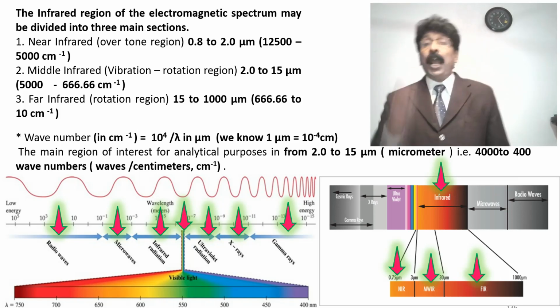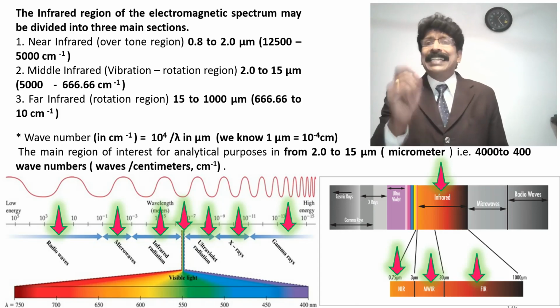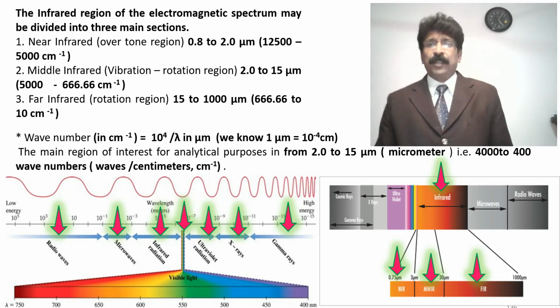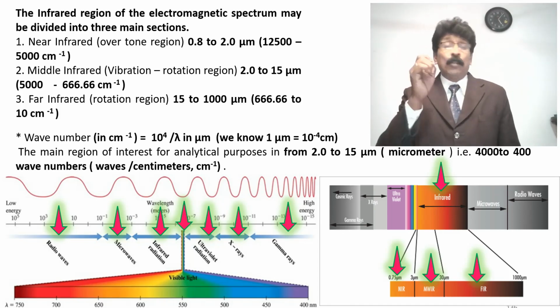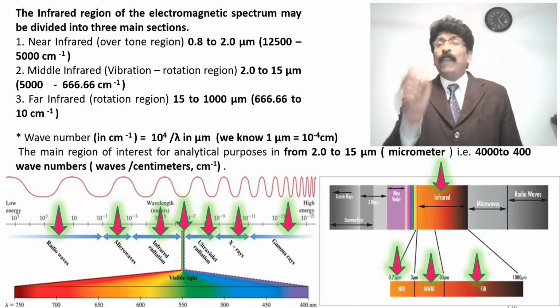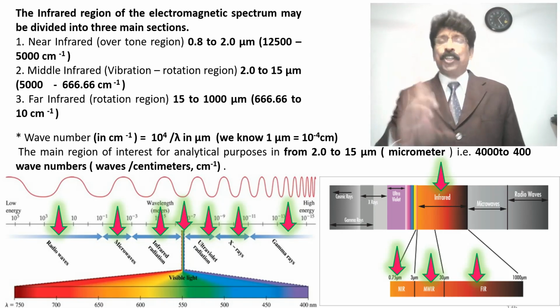The unit mentioned for the IR spectrum is centimeter inverse. So the graph or band obtained from the instrument shows the peaks pointing downwards.